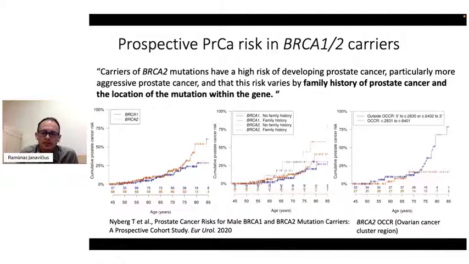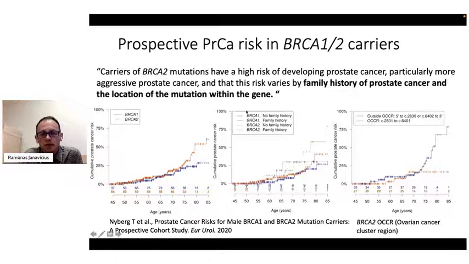They estimated a large cohort of BRCA1 and 2 gene mutation carriers, and found that the absolute prostate cancer risk for BRCA2 carriers goes up to 60% till the age of 85, and for BRCA1 that would be about 30%.